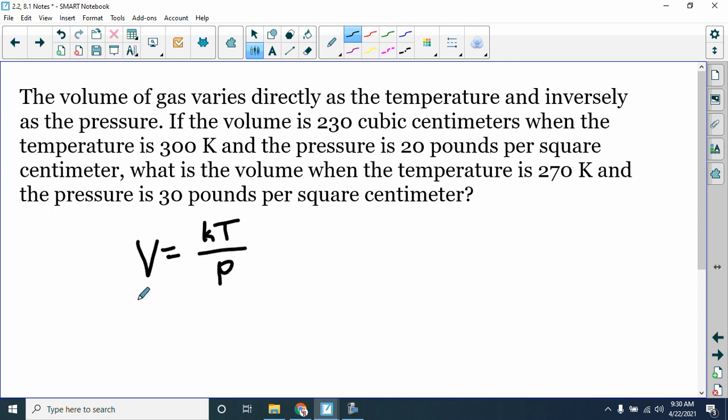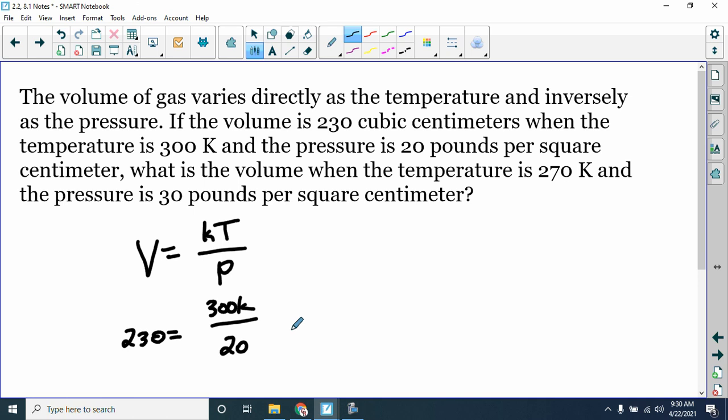I'm plugging 230 in for volume. When the temperature is 300 Kelvin, 300 in for temperature. K, here's my constant, not Kelvin. And the pressure is 20 pounds per square centimeter.